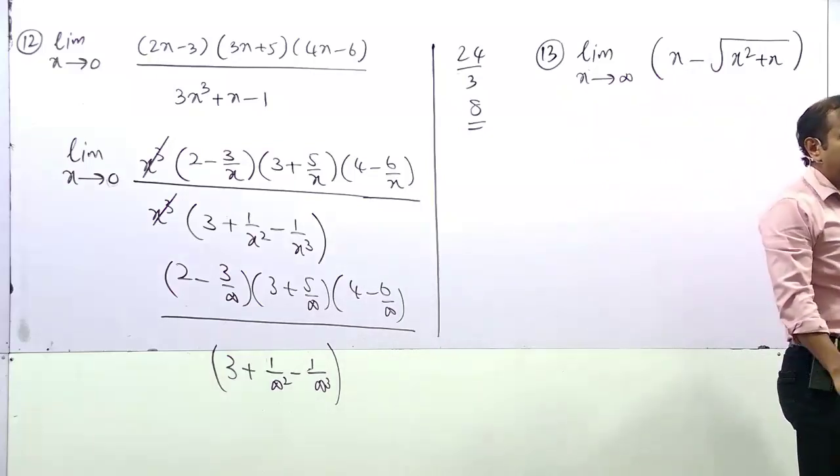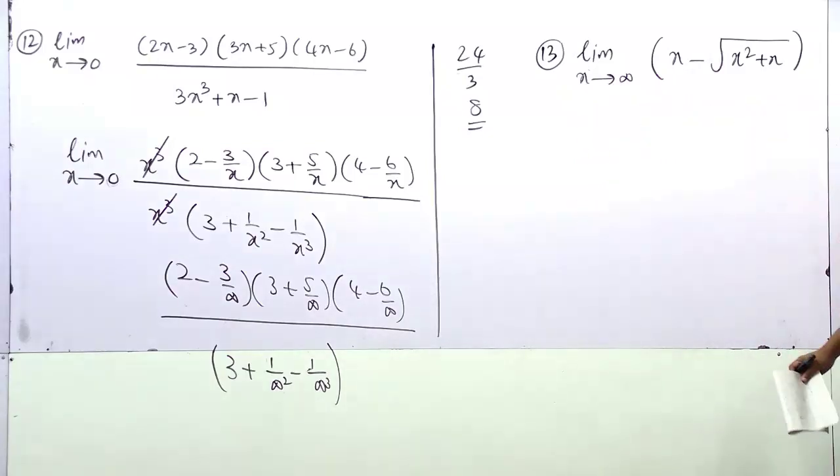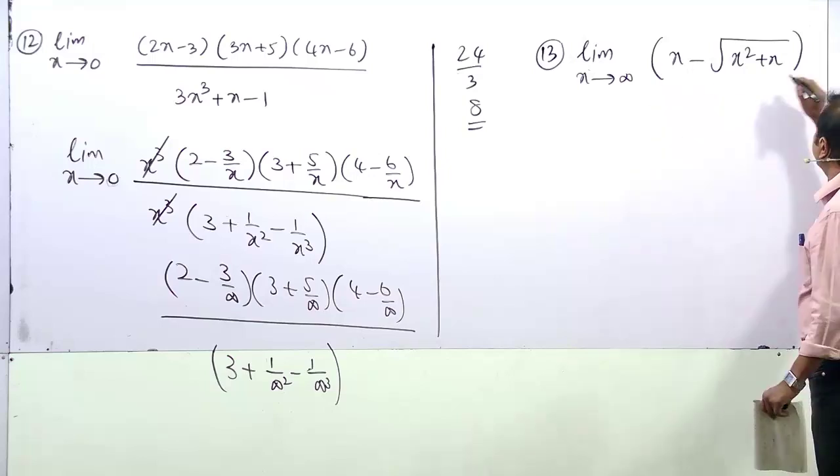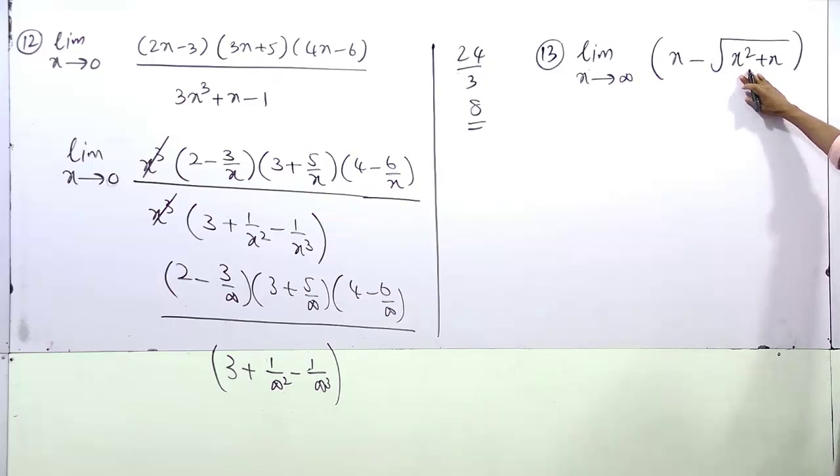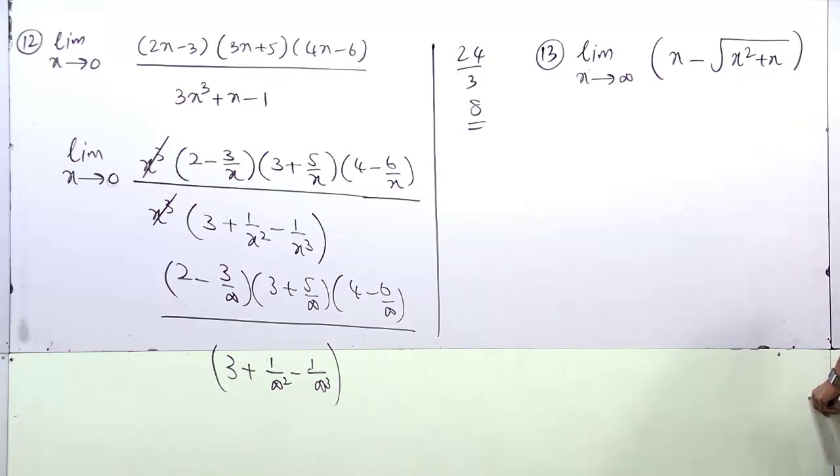When we substitute infinity directly for x here, this is infinity minus, inside the square root, infinity squared plus infinity. Infinity squared is infinity, plus infinity is infinity. Root of infinity is infinity.